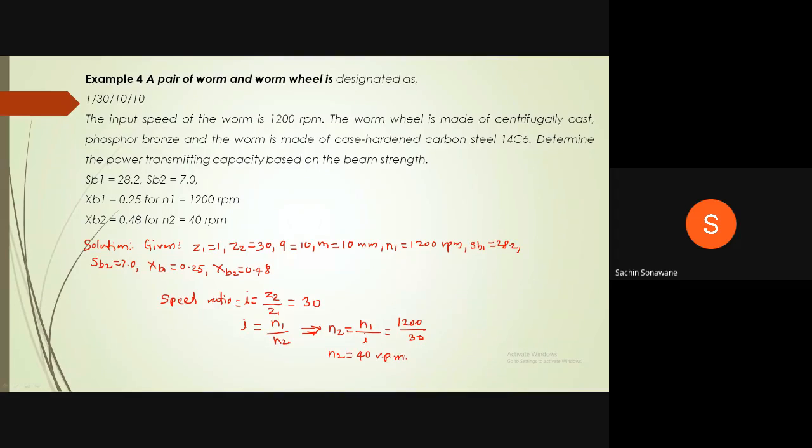Now we have to find the pitch circle diameter of the worm wheel. D2 is equal to M into Z2, which is 10 into 30. Therefore, D2 is equal to 300 mm.